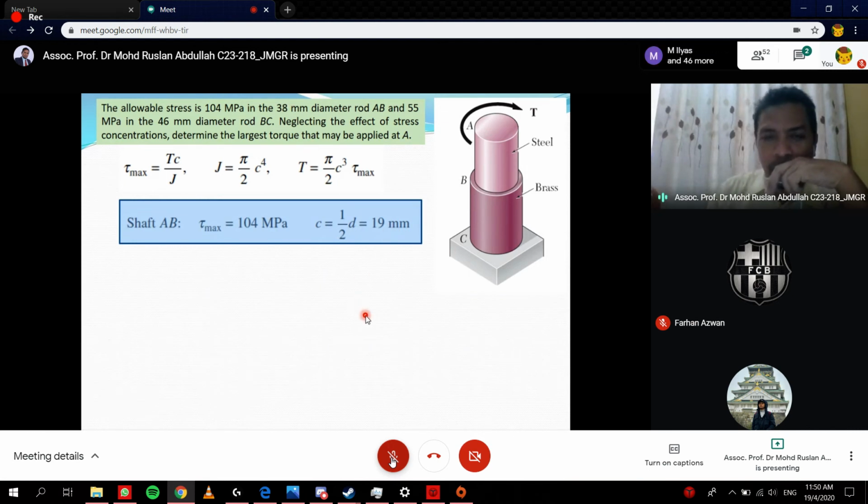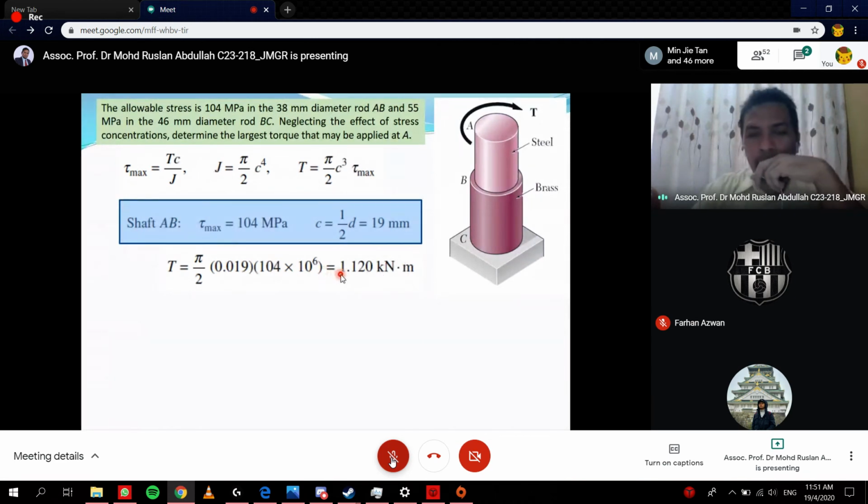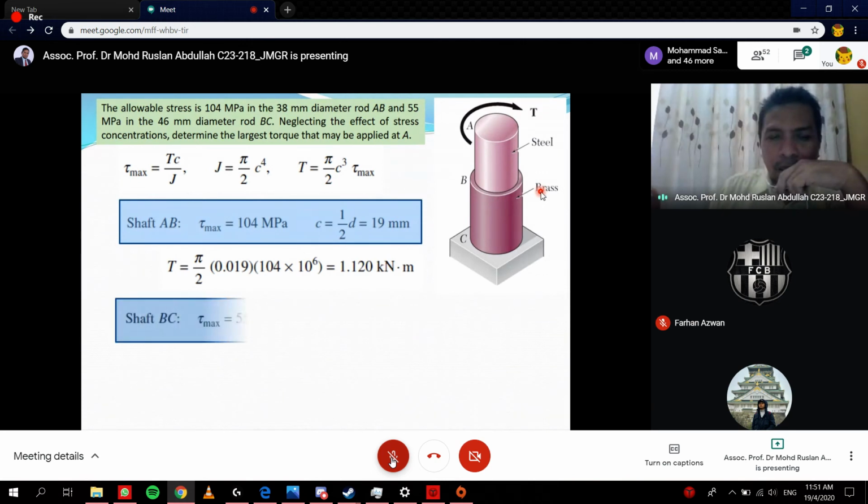Based on that, we can calculate the maximum torque that can be applied to this section. You just put all the information into this formula, pi over 2. This is the maximum torque that can be applied at A. The same thing you can analyze for section BC.